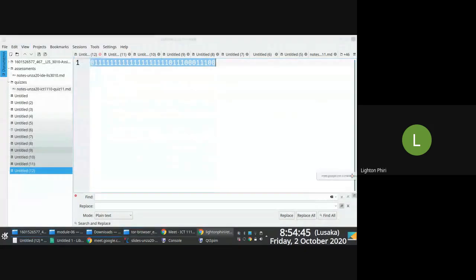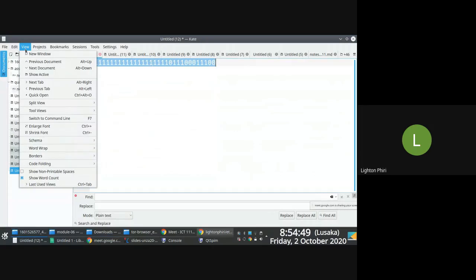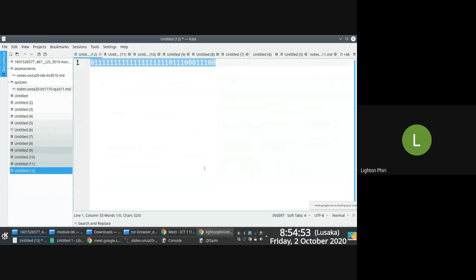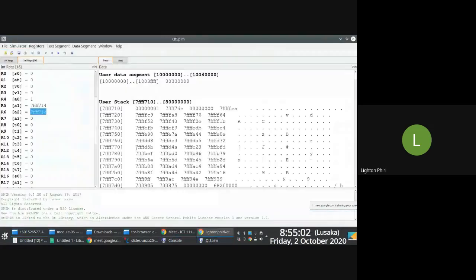You notice that, oh wow, it's not showing. That's strange. Oh, there we go. So 32 characters. You notice there are 32 characters. Now, sometimes, depending on the type of application that you're using, this trailing zero will be removed. Observe in QtSpim, this is the number we're converting, register 6 or A2.